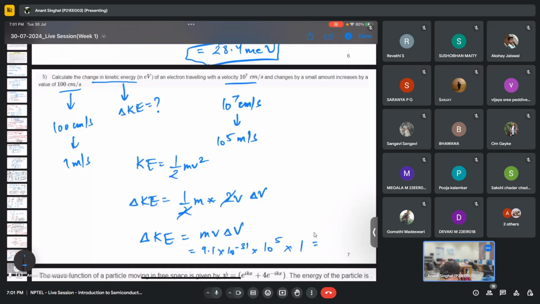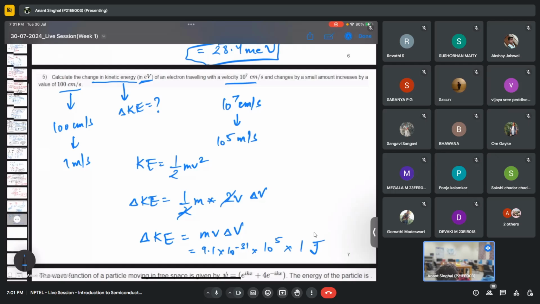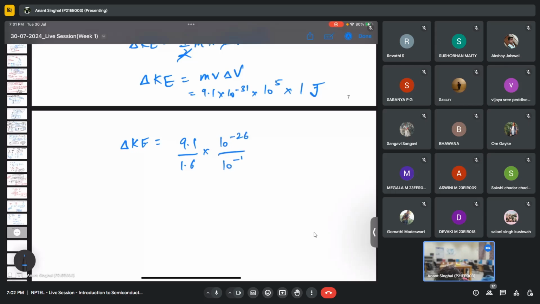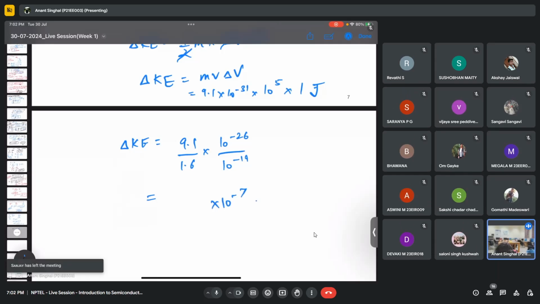So this will come out in joules. Now to convert this into electron volt, we need to do a further division. So it will be 9.6, and this is minus 26. This is minus 19. So this is minus 7 electron volts.